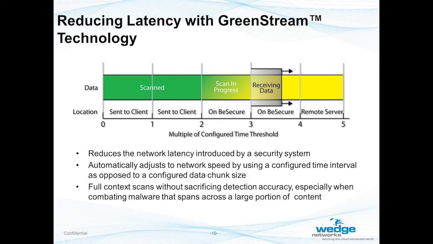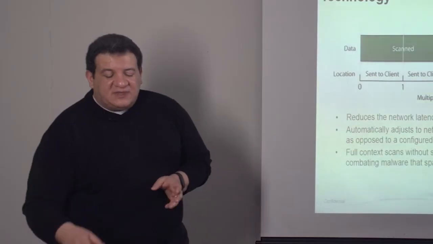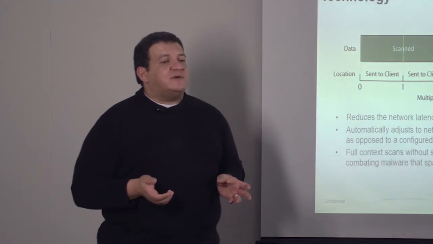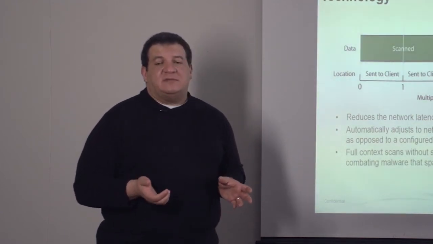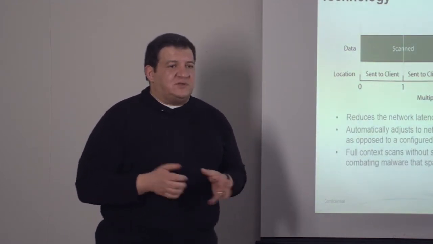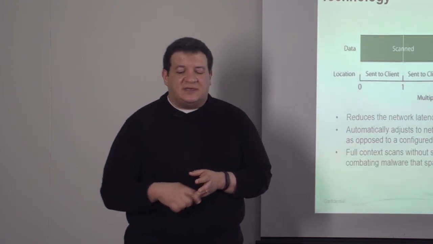In addition, we have the full context scanning at the end of the whole payload, so we can do so without in any way compromising accuracy, ensuring that you have the whole payload scanned one final time before it gets delivered to your end device. The green streaming technology allows us to lift our claim, which is that we can scan in depth without introducing any kind of noticeable latency to the traffic.